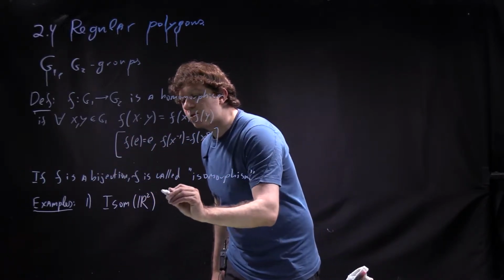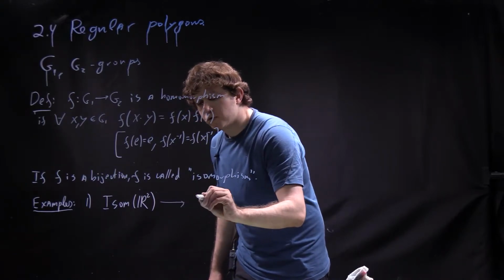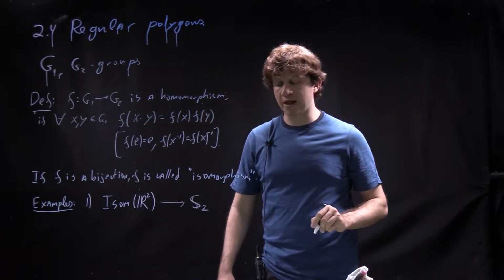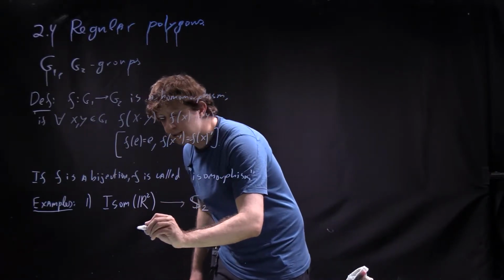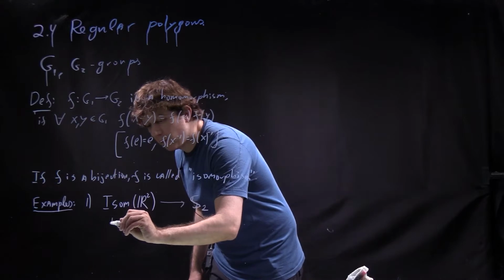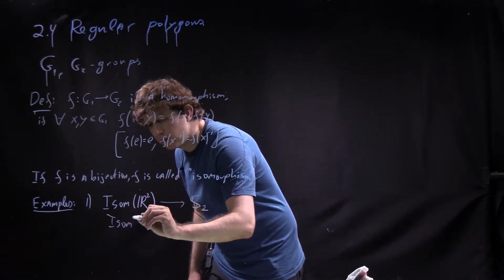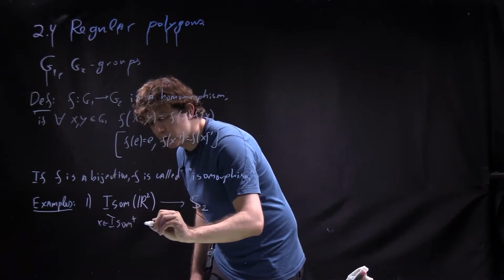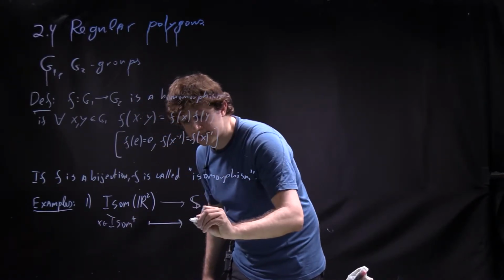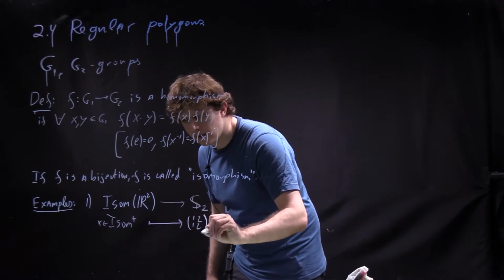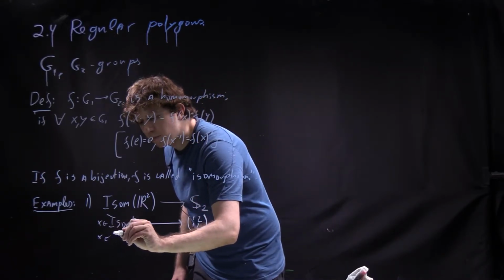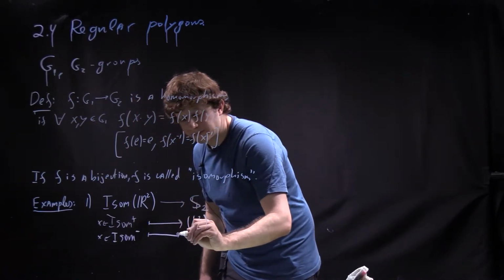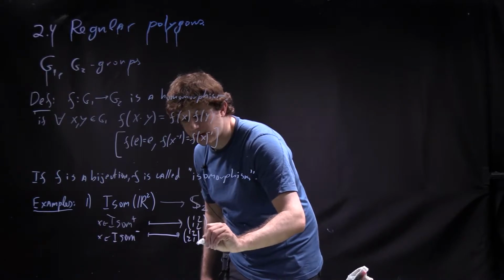So let's consider a map from Isom of R2 to the group S2 of symmetries of two elements, where I send all elements x in Isom plus to the identity, 1, 2, 1, 2, and x in Isom minus to the transposition 1, 2, 2, 1.